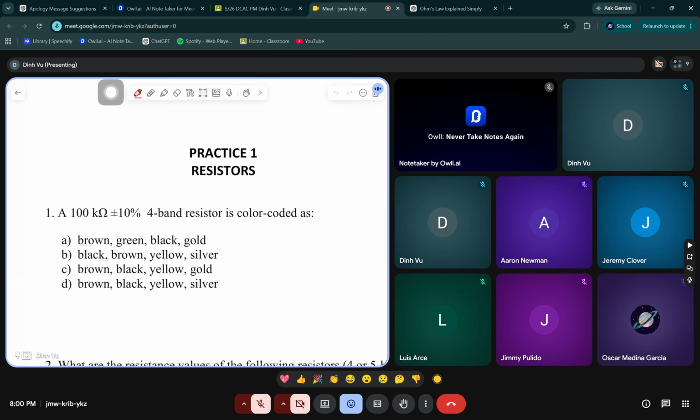So which one is the correct color code? Which answer? Letter D? D, yes.